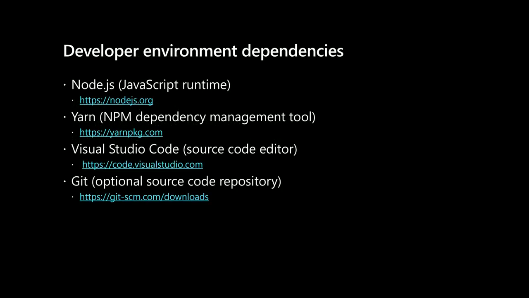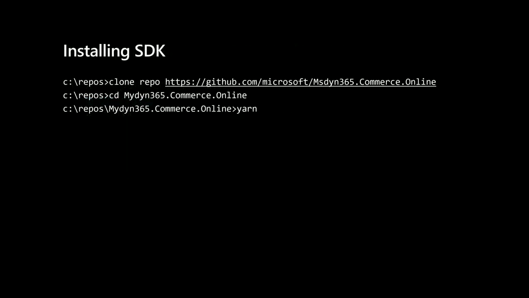We use Sass for theme development. The 4 tools that you need to get started are Node.js, Yarn, Visual Studio Code, which is our recommended source code editor, and then Git. Git is optional. It's if you want to clone the SDK repository, you can do that, or you can just download the zip file.